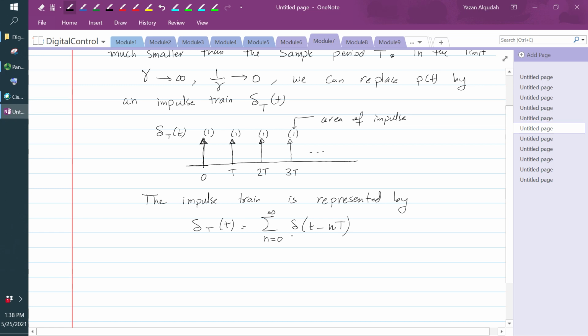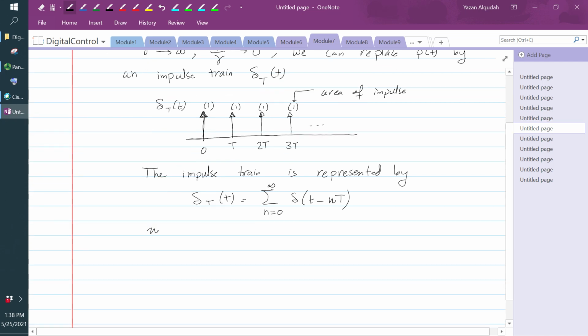What this means is I have a delta when n is equal to 0. I have a delta at t minus 0, which is at 0. When n is equal to 1, this is delta of t minus 1 multiplied by capital T, which means I have an impulse at T. And then when n is equal to 2, I have an impulse at 2T.